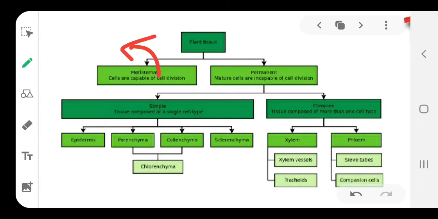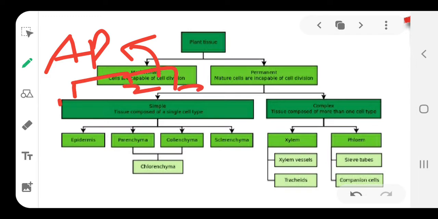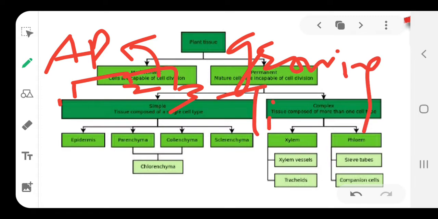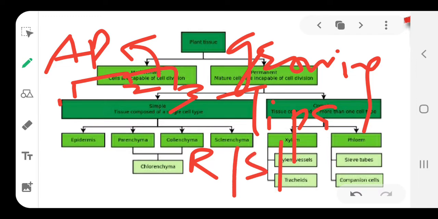The first one is called apical meristem. Write it down. The meristematic tissue is further divided into three parts. Apical meristem is found in the growing tips of roots, stem and young leaves.